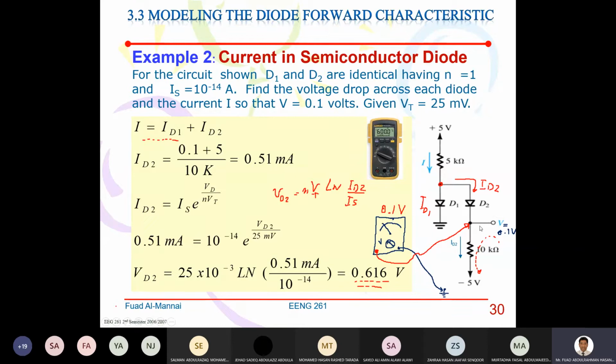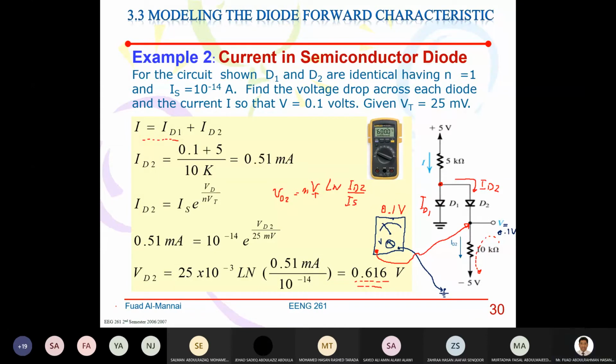But before I redraw the circuit, let me take my voltmeter and measure the voltage over here, V. I dial it to VDC, put the red on V, and usually when you want to measure a voltage, you measure it with respect to ground.